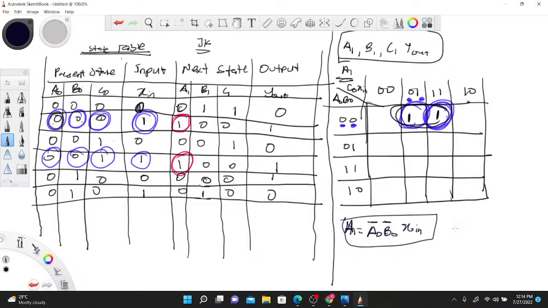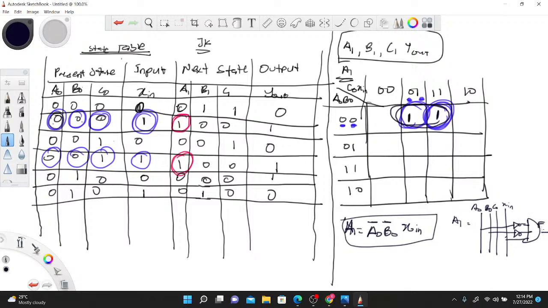So then we'll build a circuit for A1 like so. A naught, B naught, C naught, X in. And we'll see that A naught is equal to this knotted, this also knotted, and then X in, and then we AND everything. You understand?